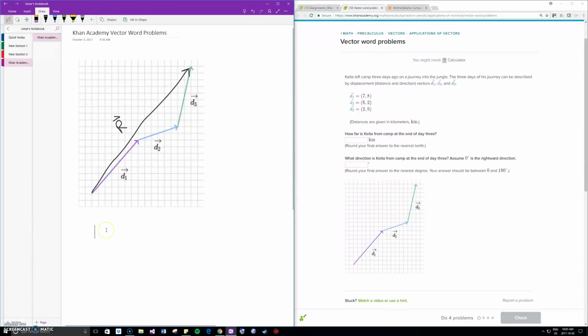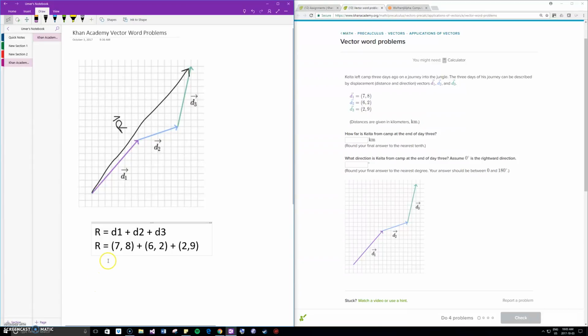So the vector R is going to be those 3 vectors added together, d1 plus d2 plus d3. So in other words, grab those 3 vectors: (7, 8) is the purple one, (6, 2) is the blue one, and (2, 9) is the green one.